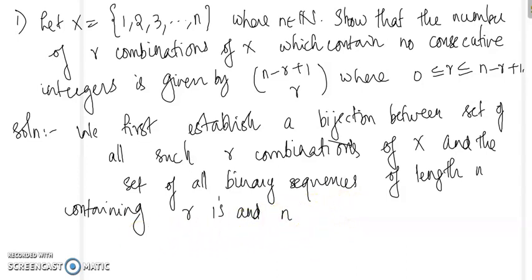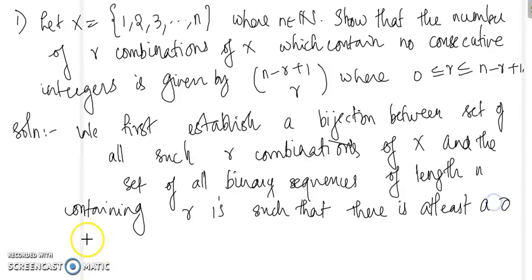So containing r ones, that is enough. So obviously the remaining are going to be 0. So r ones such that there is at least a 0 between any two ones. So this is the bijection we are going to form.